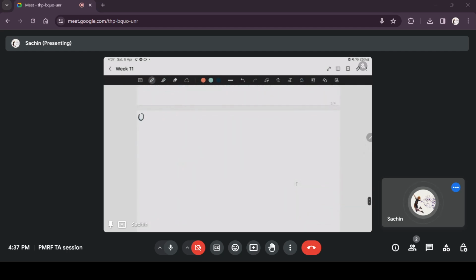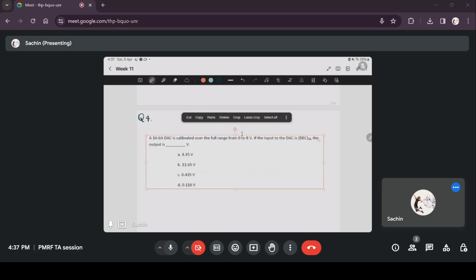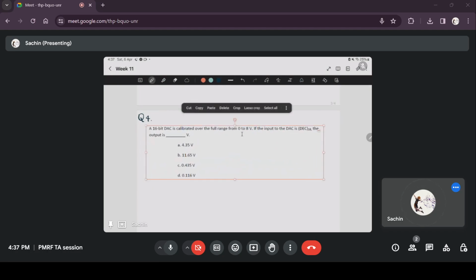We'll go to question 4. A 16-bit DAC is calibrated over the full range from 0 to 8 volts.